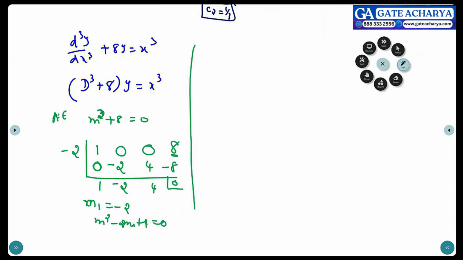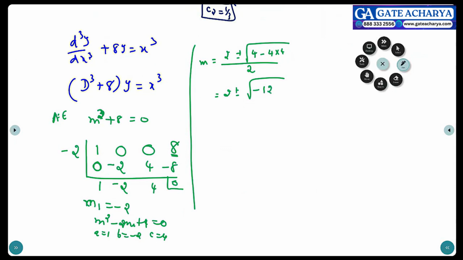We apply the quadratic formula. So m is equal to minus b plus or minus square root of b square minus 4ac, divided by 2a. Here a is equal to 1, b is equal to minus 2, c is equal to 4. That is 2 plus or minus square root of 4 minus 16, so minus 12, divided by 2. 12 can be written as 4 into 3.